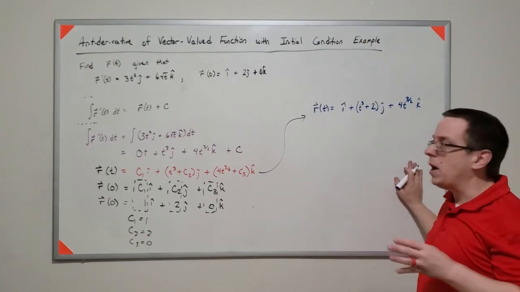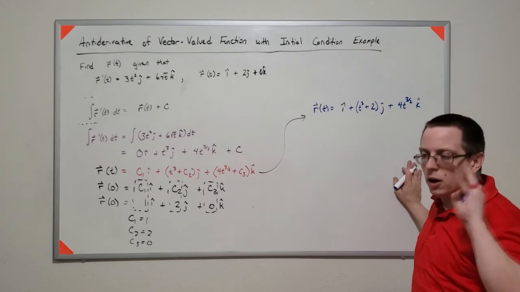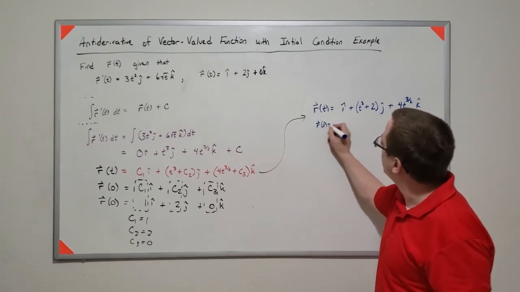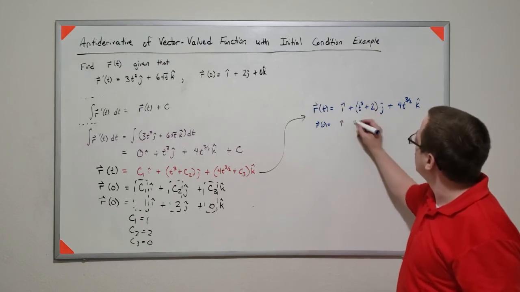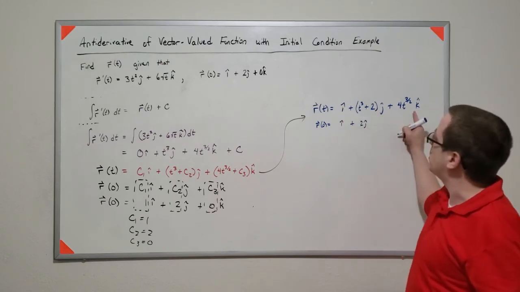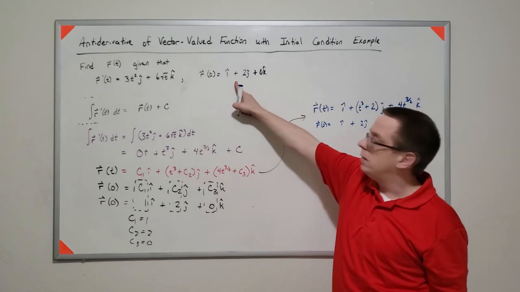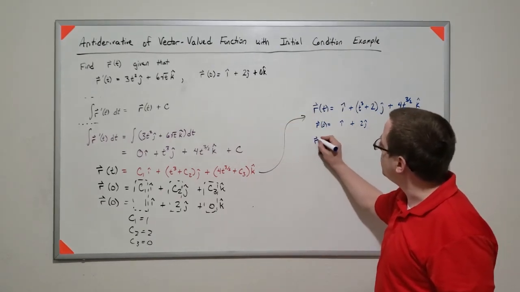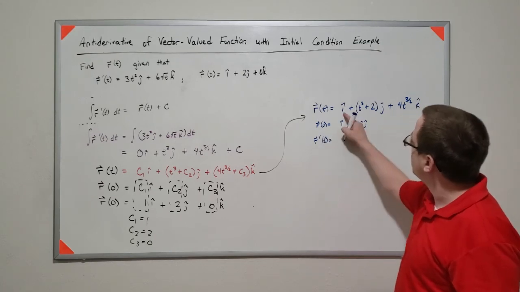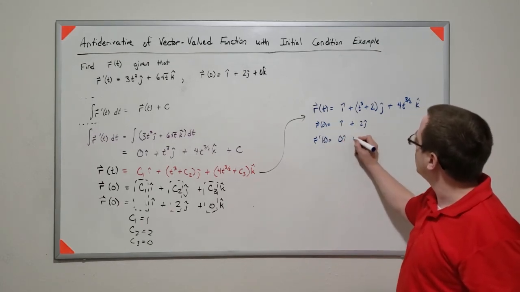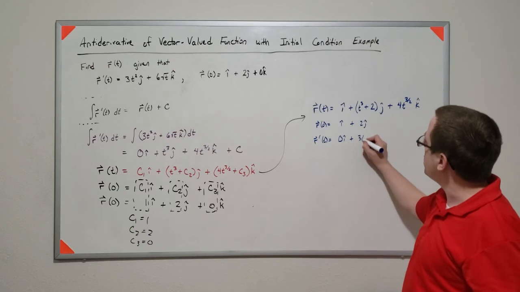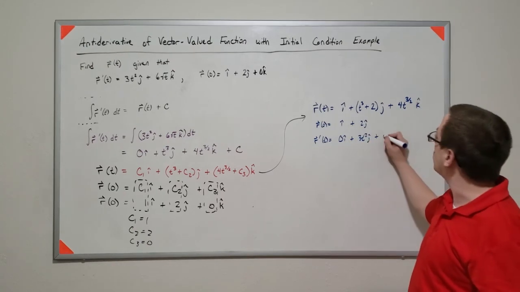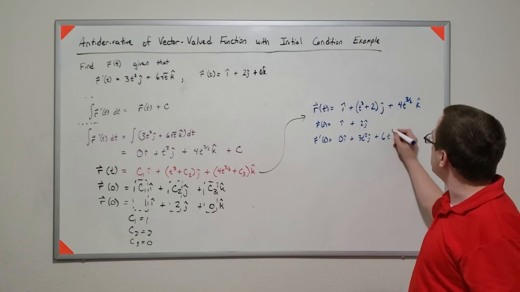So the way we would make sure, you might say, all right, are you sure I got this right? Well, if I take r of 0, that's i plus 2 j plus 0 k. So I feel good. And if I take r prime of t, that's 0 i plus 3t squared j plus 12 over 2, or 6t to the 1/2.